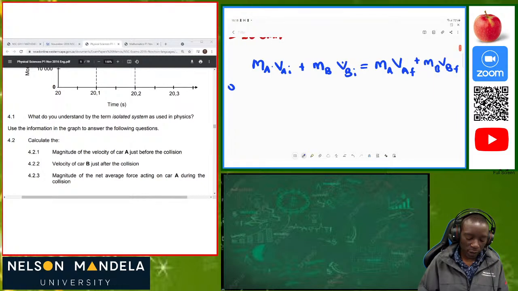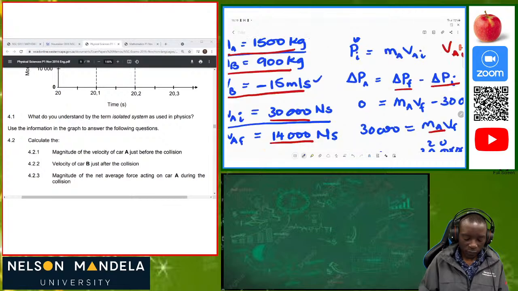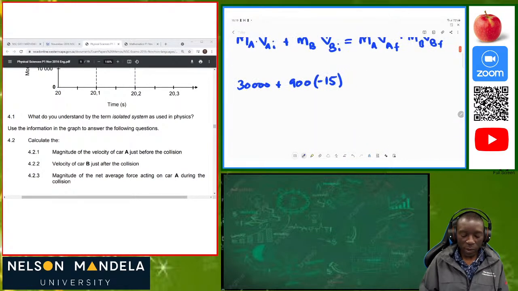So the mass of A and the velocity of A initially, which is the initial momentum, is 30,000, plus 900 times negative 15 meters per second. Confirm, yes, negative 15 meters per second. Momentum is a vector, so when we add the vectors, we add them vectorially with respect to their directions.